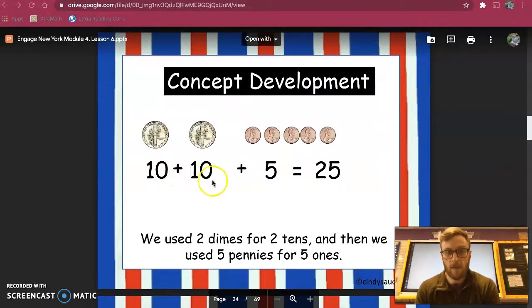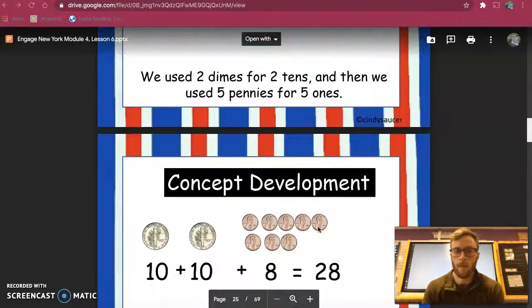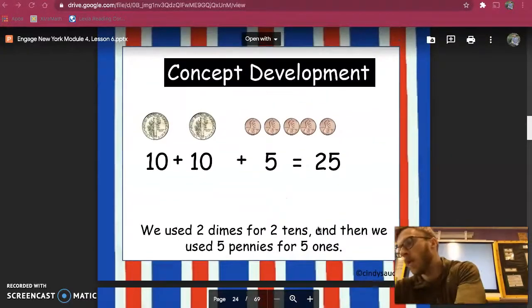Let's do another one. If we have 10 plus 10 plus 5 equals 25, because we have 10 plus 10, then we have 5 here equals 25. So what we're going to do here is, I'm going to show you my whiteboard.